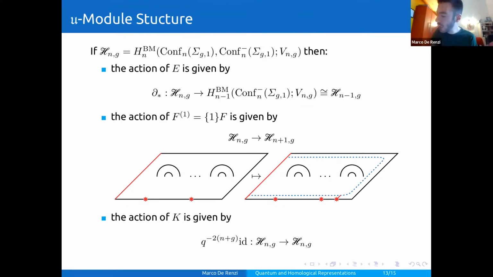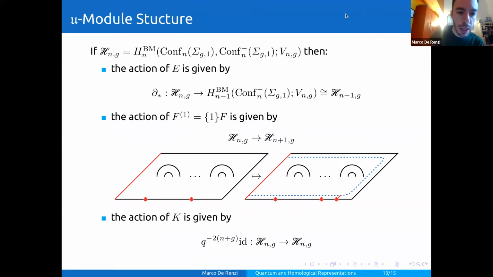And then very quickly, so I have 5 minutes left. Let me say that the U-module structure and the mapping class group, these homology spaces, are really homological in nature, right? So that they can maybe provide good insight on what's going on for the quantum construction.